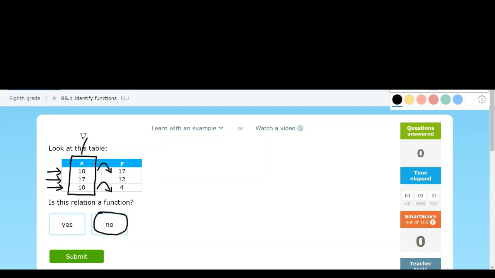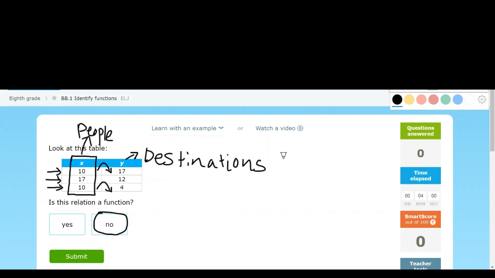Another way you can think about this is if x values were people and y values are like destinations or locations, right? Let's think about this. If you were at home right now, would you also be able to be at the grocery store at the same time?